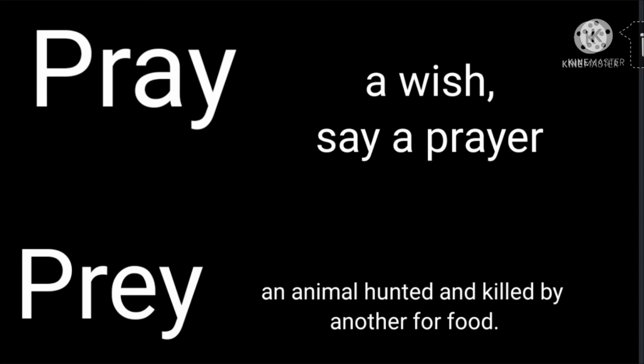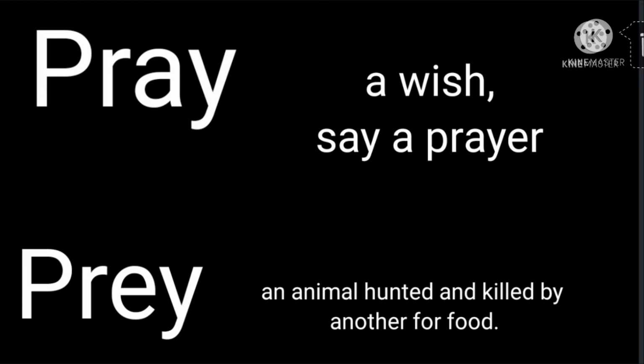And P-R-E-Y, prey, means a man or any animal who is attacked by someone strong. So we say he became prey of him. Or for animals, we can say a tiger attacked a rabbit, so the rabbit became prey of the tiger. So here we can say it like this, P-R-E-Y, prey.